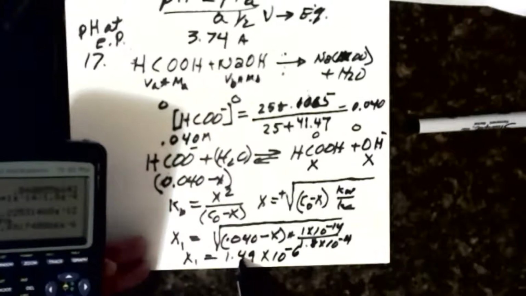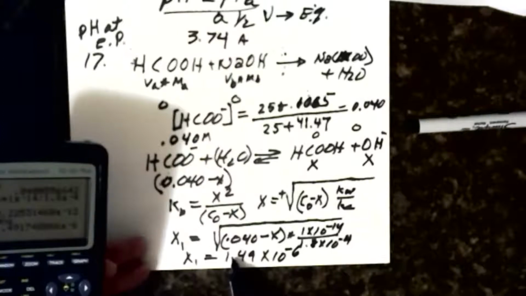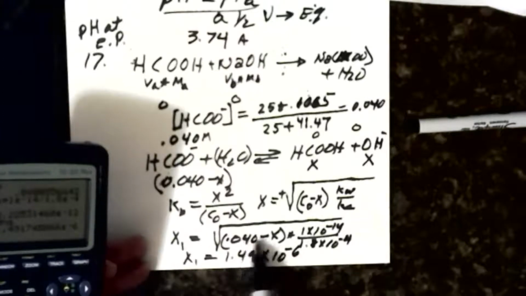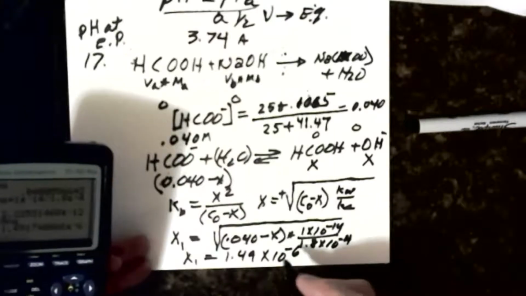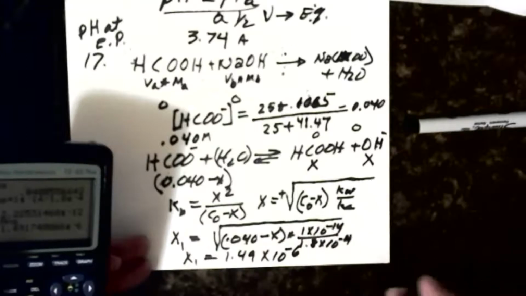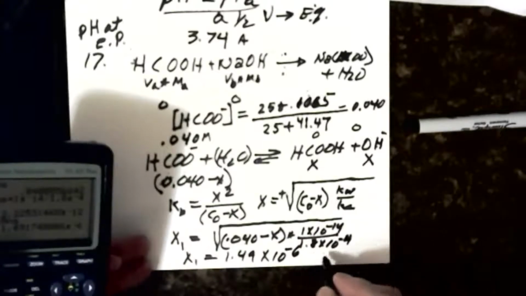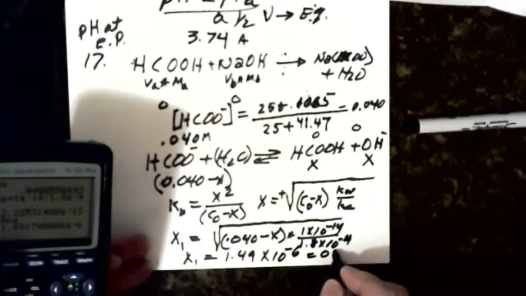Now here I know when I subtract this from 0.04, 4 times 10 negative 2, and I'm going to take 1.49 times 10 negative 6 from that, it's going to be the same thing. It's essentially no change. So this is going to be the final answer. You could put it back in and try it, but you'll see that's true. Now that's going to be the OH minus concentration.